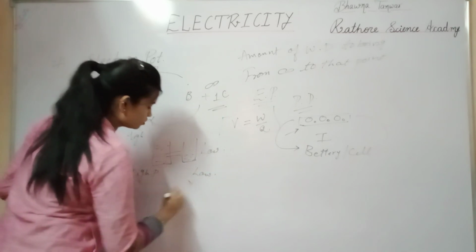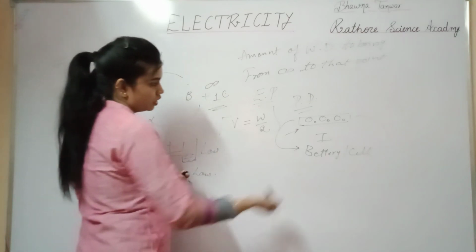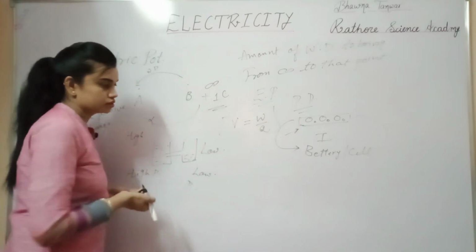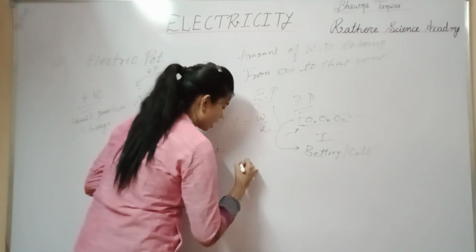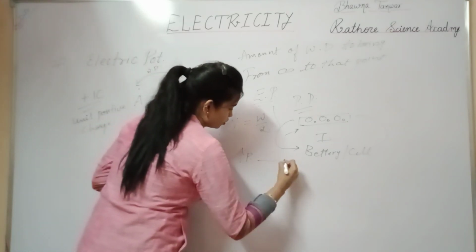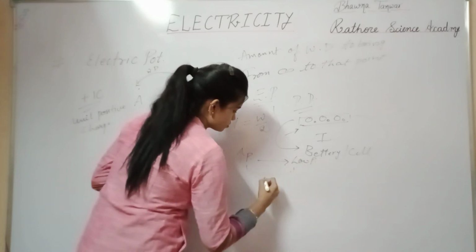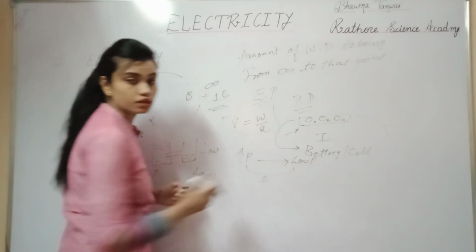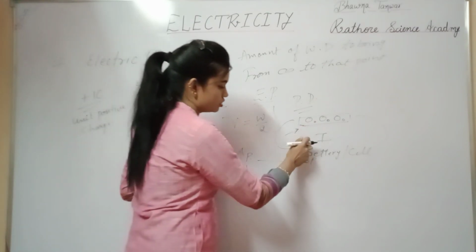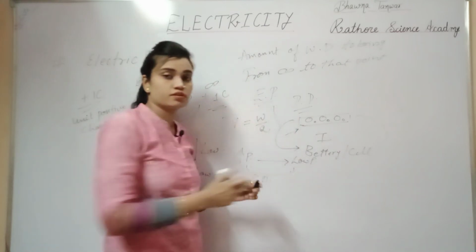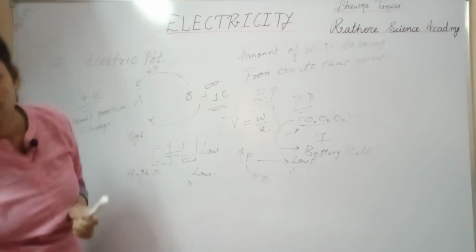Only then will air flow from high to low. In the same way, inside a conductor or in a circuit, electrons will flow from high potential to low potential. And due to this difference, they can easily flow from one side to another side. And this potential difference is generated by a battery or cell. Got it? Good.